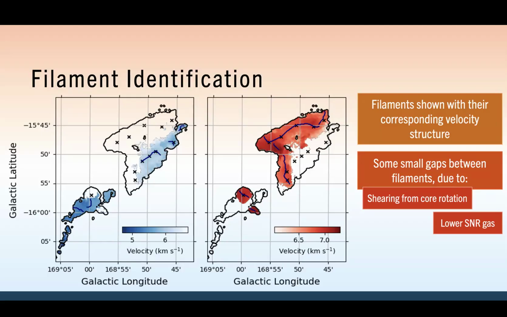So it doesn't branch. There are some examples in the other tracers where there is a bit more structure, where there are more feeder filaments, as we've been calling them, where there's a main filament that contains cores and is at higher densities, and then some smaller, lower density filaments that connect to it, often at a perpendicular angle. But in this high density gas with ammonia, we don't see that.